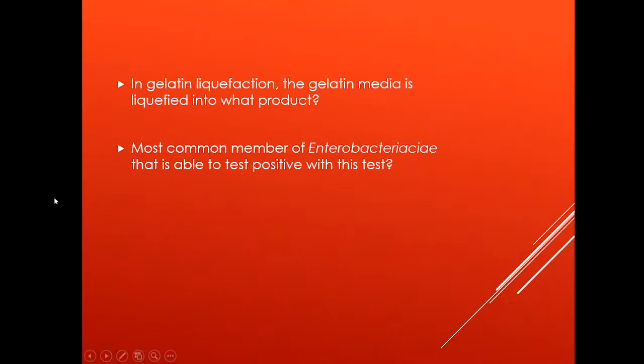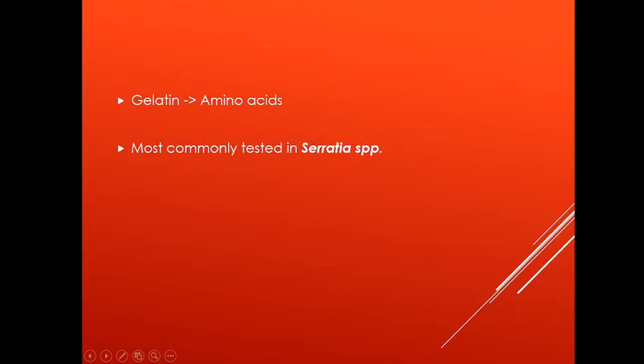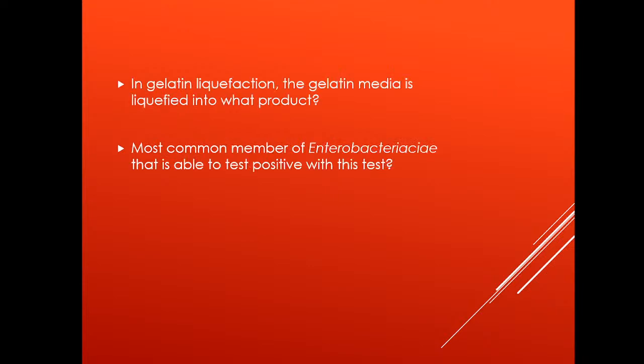All right. Now let's move on to gelatin liquefaction. Another biochemical test for your Enterobacteriaceae family. The most common member of the Enterobacteriaceae family that will test positive for this is the Serratia species. Okay, so it's important for the Serratia species. Which one specifically?